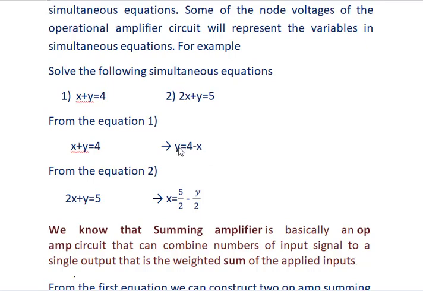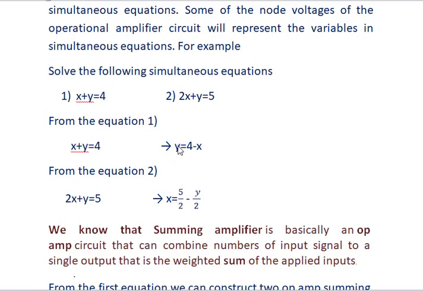Y is nothing but the output of one of the summing amplifiers. From equation 2, 2x plus y equal to 5, we are taking x. Here x is the output of another summing amplifier.